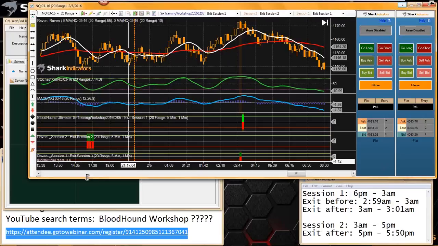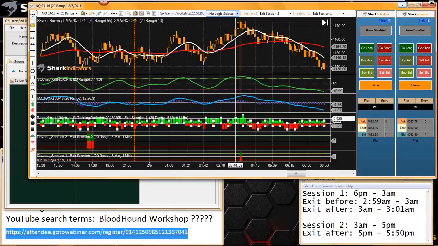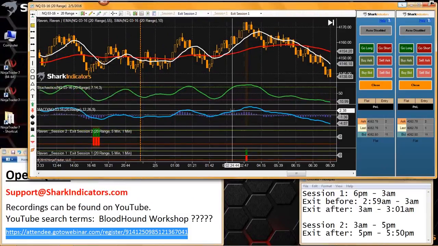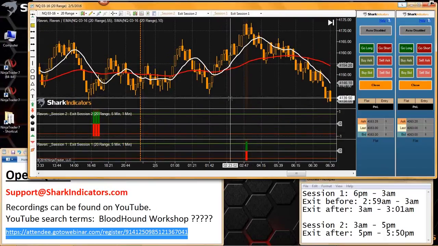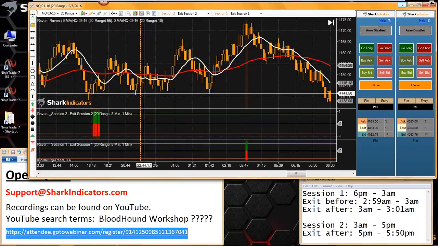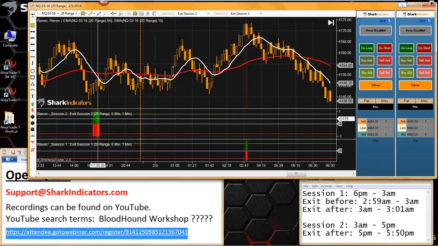Let me just take BloodHound off the chart to eliminate any confusion. Okay, there we go. So the BloodHounds that we have for Raven on here, we can see I have the exit logic selected, so we can see them on the chart here.